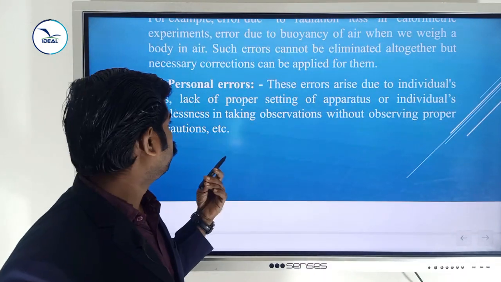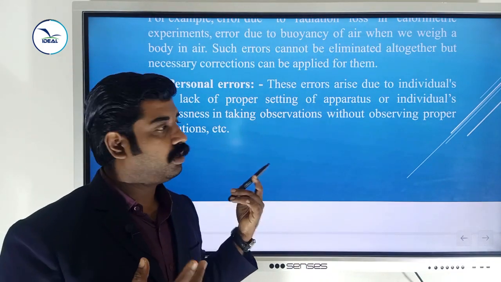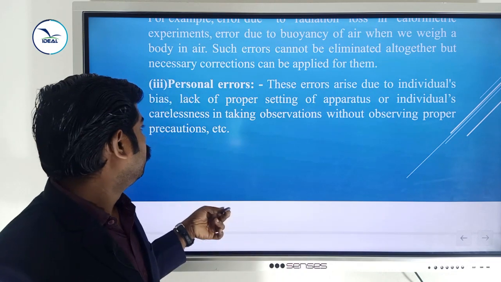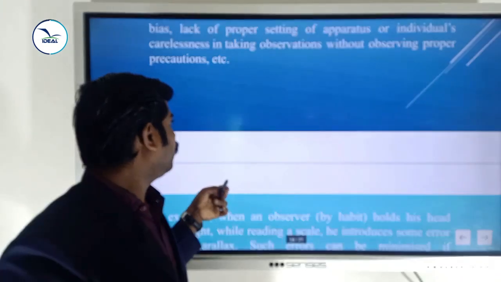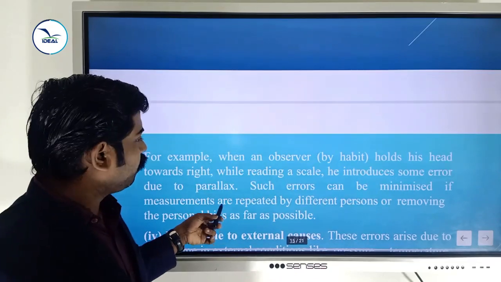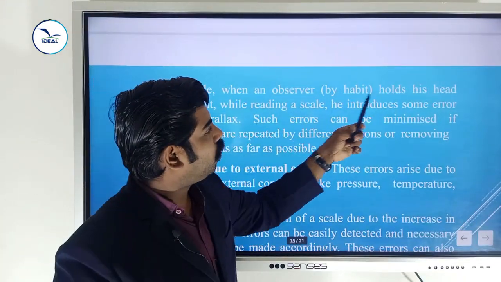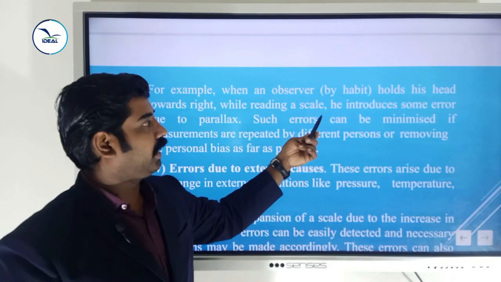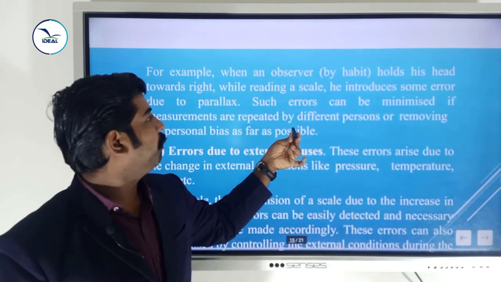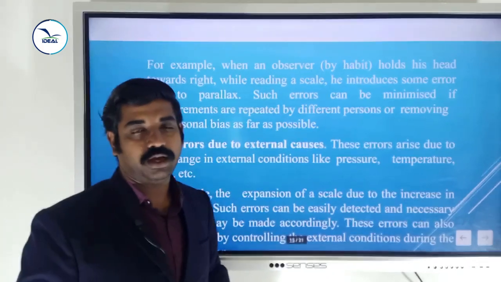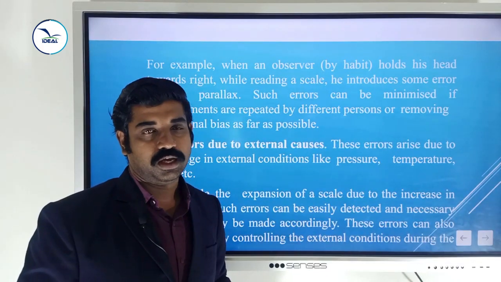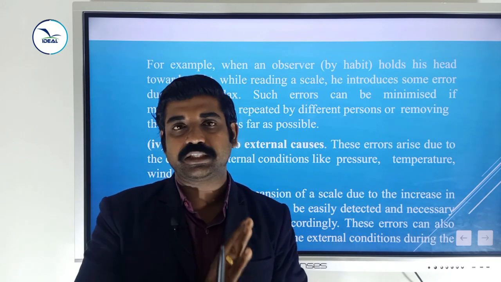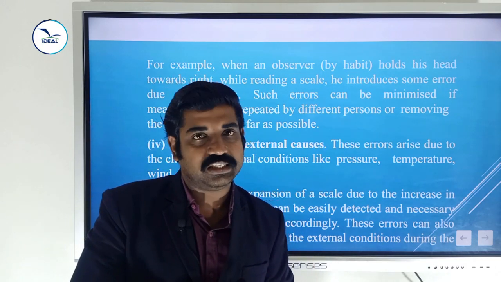For example, when an observer holds his head towards the right while reading a scale, he introduces some error due to parallax. We already learned the parallax method. If we change our eyes, there will be a parallax effect, so the reading will change.